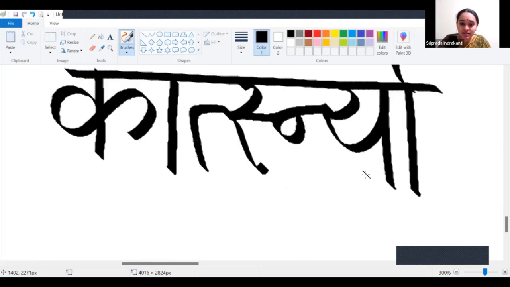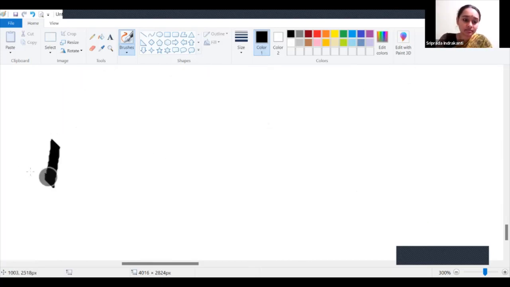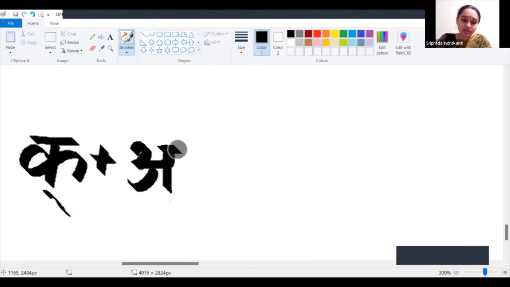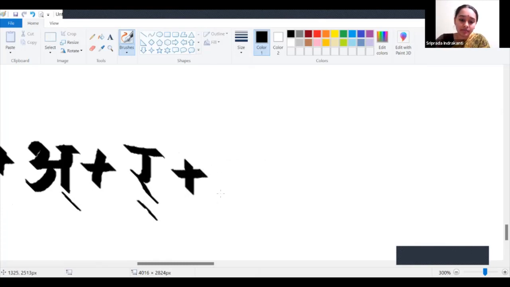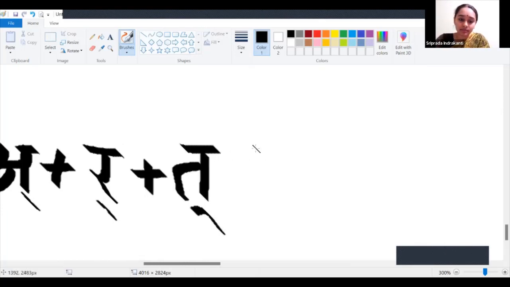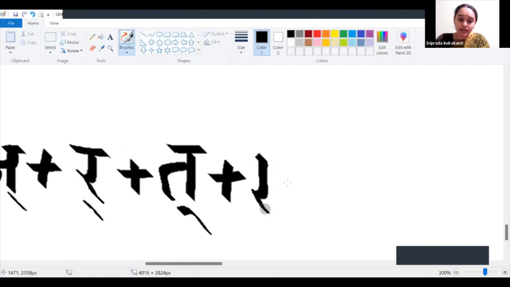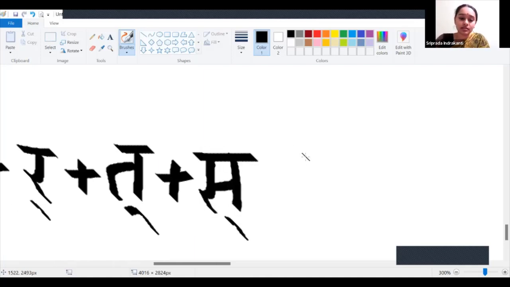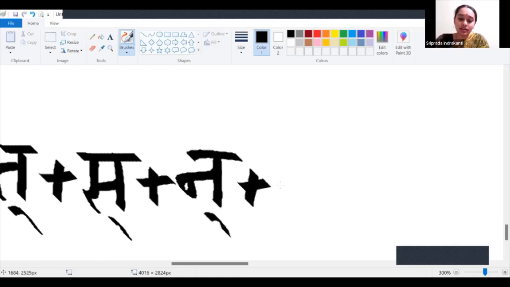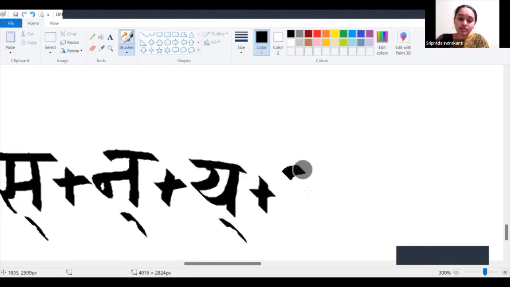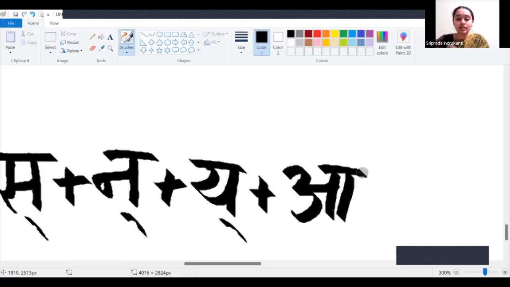So there are 5 consonants here. We'll break it down. K plus a plus r, k plus s, then n, and then y, then the akara at the end.